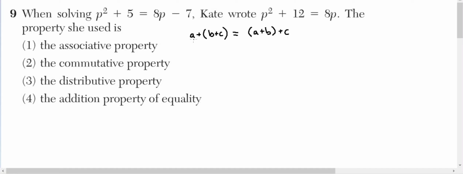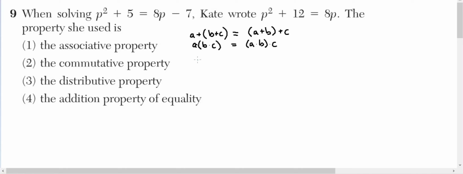So, for example, addition is associative because it follows this. Similarly, multiplication is also associative. So a times b times c is the same as a times b times c. So those correspond to associative.